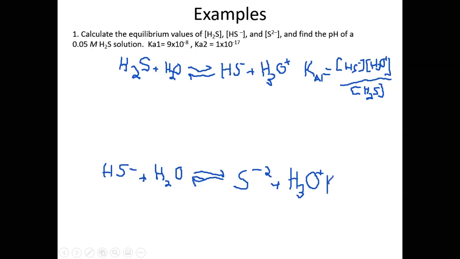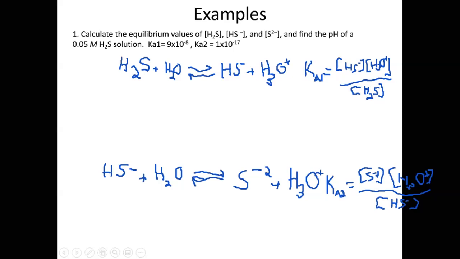And Ka2. Okay. So now what we're going to do is to determine the pH.